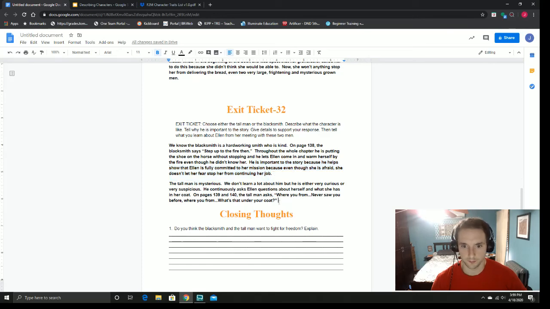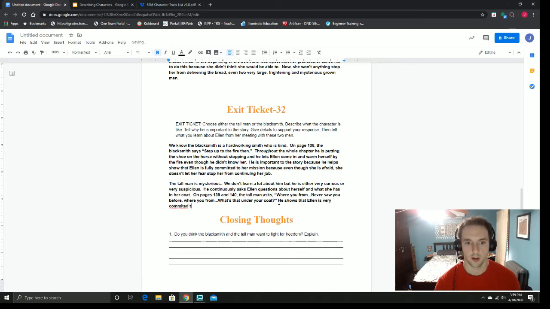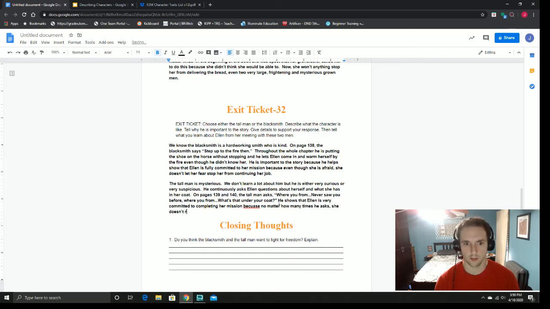He shows that Ellen is very committed, again, committed, 2 T's, to completing her mission, because no matter how many times he asks, she doesn't reveal who she is or what she's doing so that she can complete her mission without being stopped.